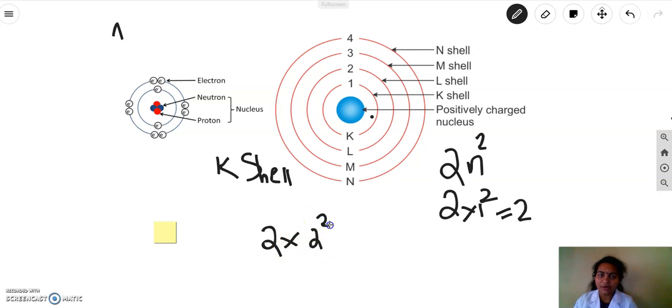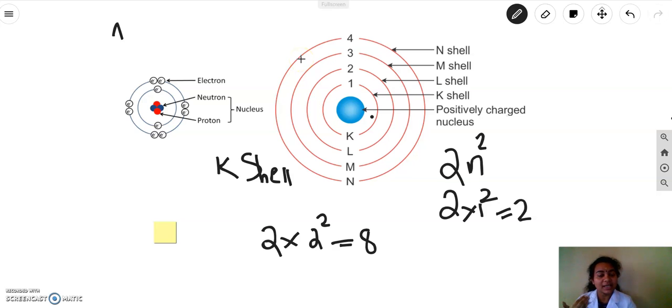What is 2 square? 4. 4 into 2, that is 8. Similarly, M shell, 2 into 3 square. 3 square is 9. 9 into 2 is 18. It has the capacity to contain 18 electrons, but it will carry only 8 electrons in order to reduce the repulsion.